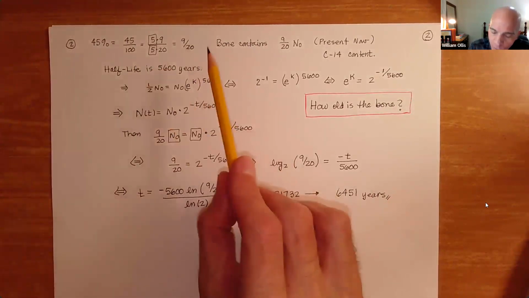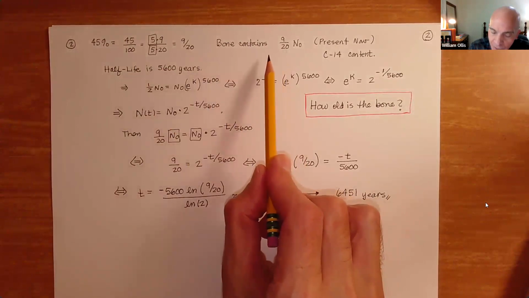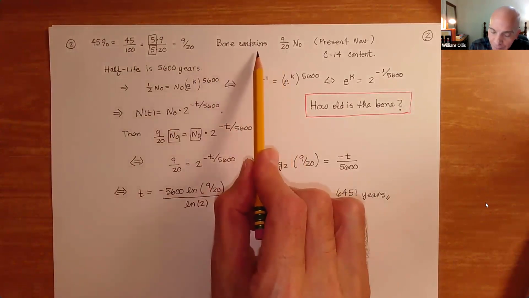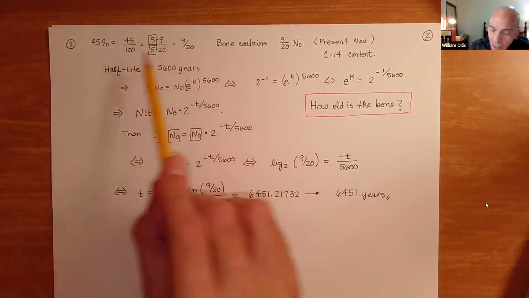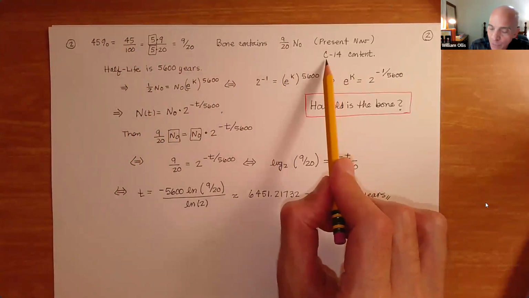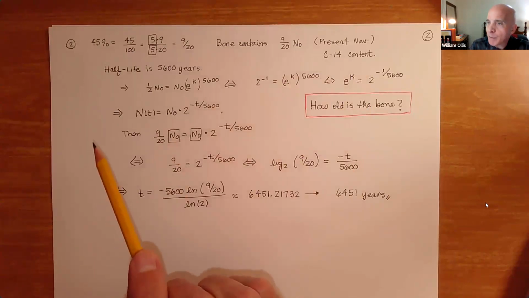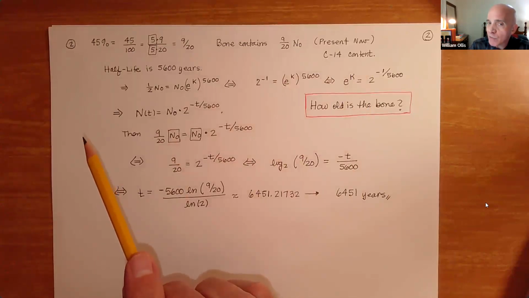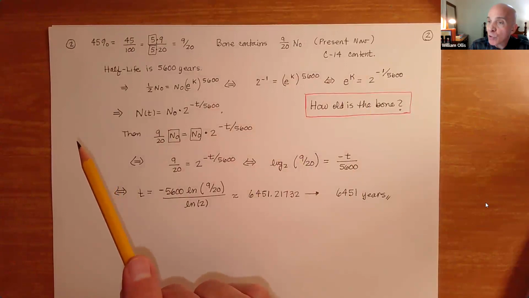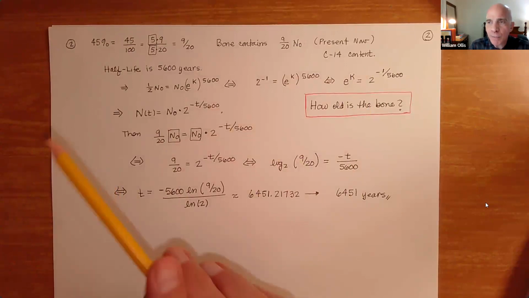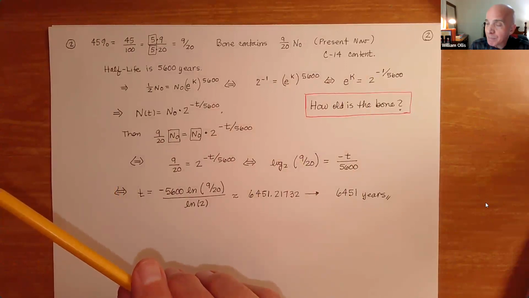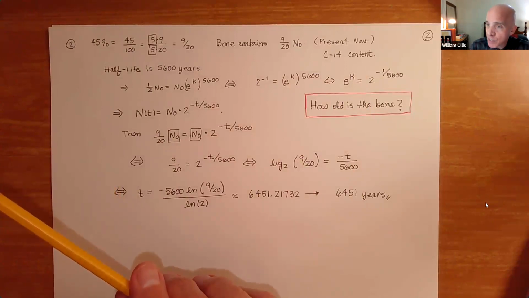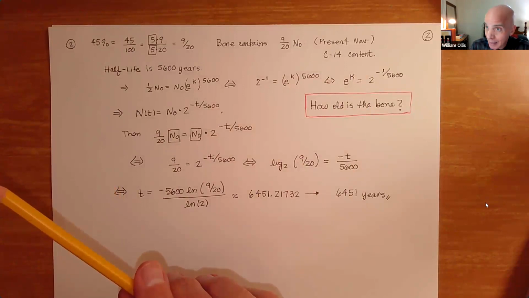Now, what we're finding here is you have a bone and it contains 45% of the original C14 content, carbon-14 being a radioactive substance that has a rather long half-life. Now, remember, the half-life is simply the amount of time that it takes for half of the substance to decay.